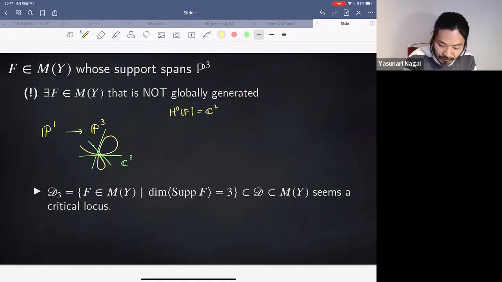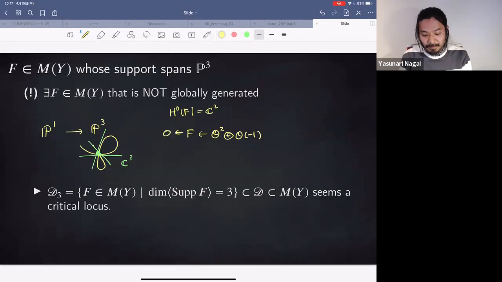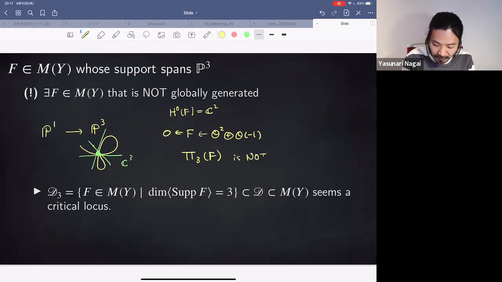So these two sections cannot generate the stalk at this triple point. So in this case, F has a presentation of the form O2 plus O minus 1. Then absolutely the corresponding projected object is not a sheaf.